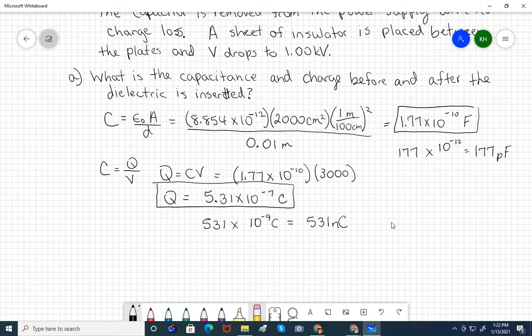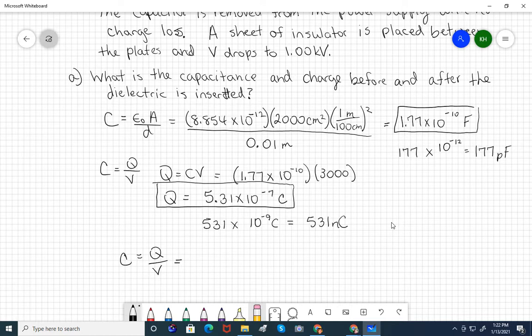Well, I know that afterwards, the capacitance is equal to Q over V. The charge on the capacitor did not change. Remember, it says that it was removed from the power supply with no charge loss.